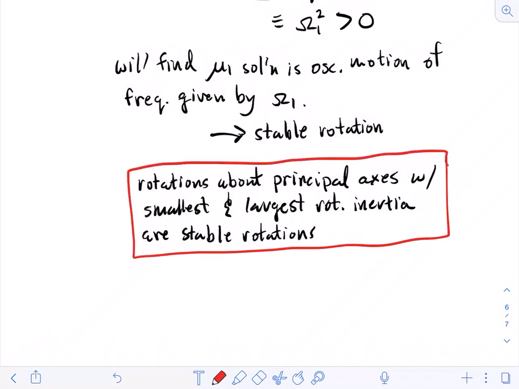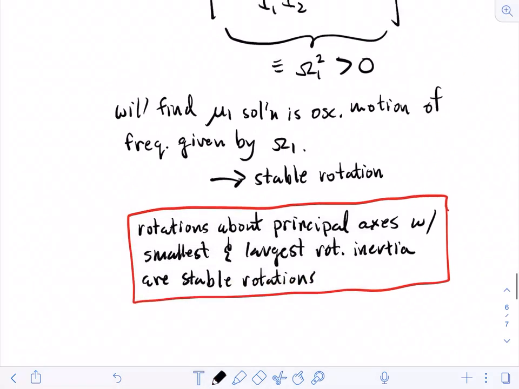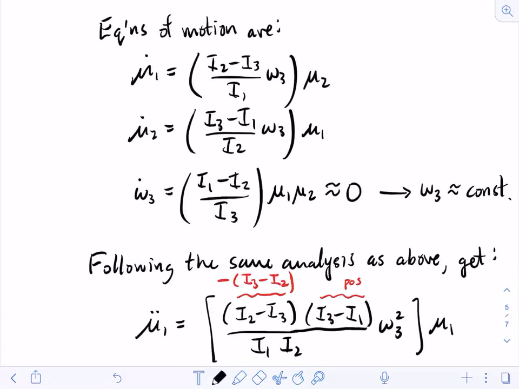All right. So at this point, you may have noticed that in this case, we came up with a solution for mu1, but we haven't bothered coming up with a solution for mu2. If you did that, and I do recommend that you do it, it's exactly the same type of thing that we just did. We would take a time derivative of mu2 dot. That would give us a mu2 double dot times some constants times mu1 dot.